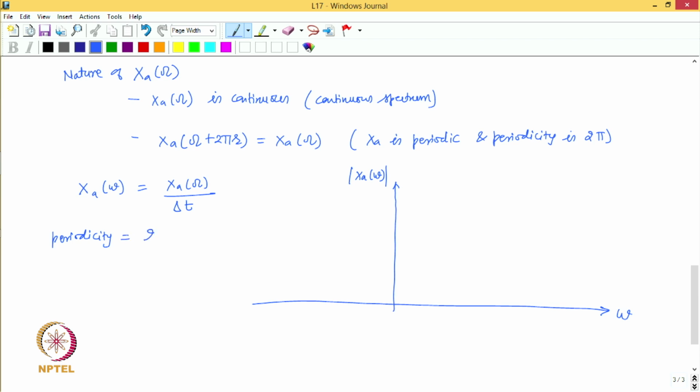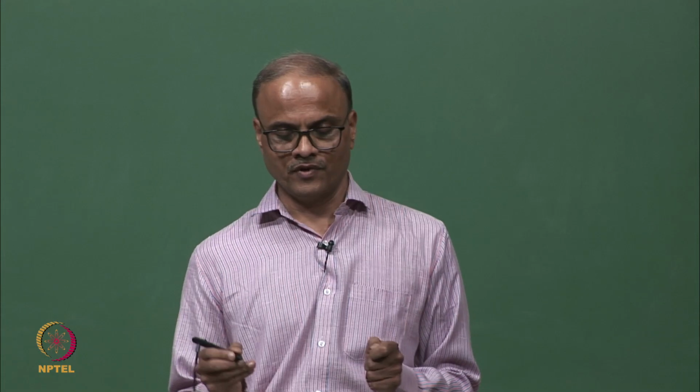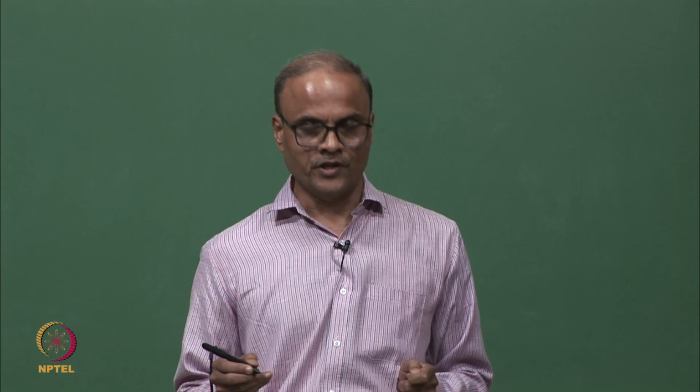The periodicity will be 2 pi upon delta t, because 2 pi is the periodicity of X_a(uppercase omega), and therefore the periodicity of X_a(lowercase omega) would be 2 pi by T. 2 pi by T is nothing but 1 upon T, which is the sampling frequency, so this becomes the sampling frequency in radians per second. So the periodicity of X_a(omega) in radians per second is nothing but omega s. After every omega s frequency range, the DTFT is going to repeat.